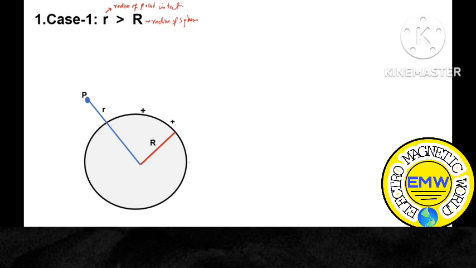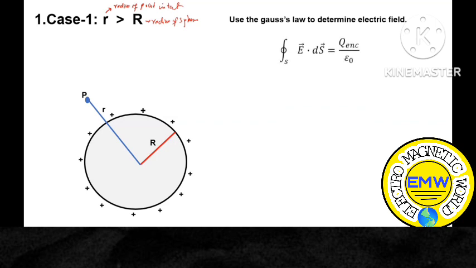The Gaussian surface will look like this. These charges are inside this Gaussian surface. So the formula will be Q inside divided by epsilon naught.